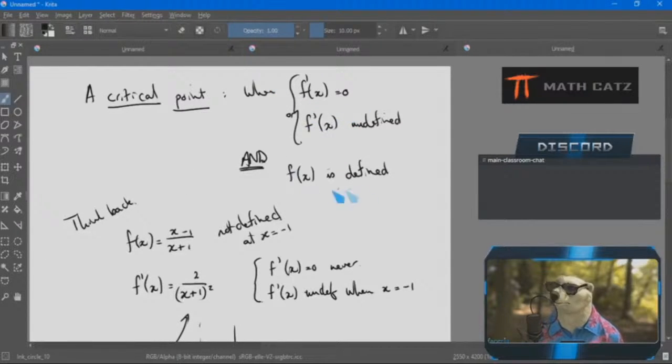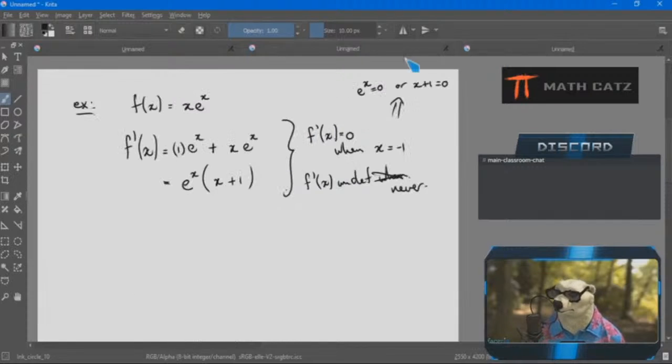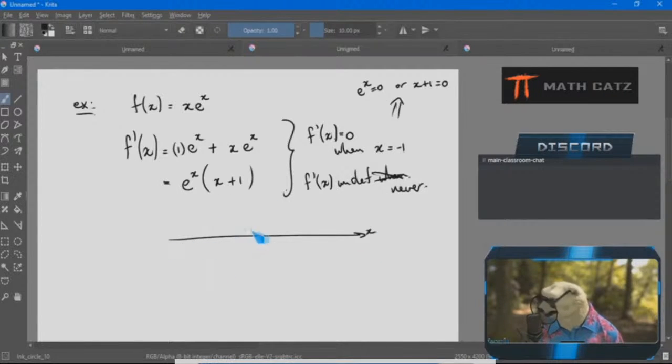I need to make sure it's actually defined there. So we can check at this stage, or I'd like to do it after actually, but it doesn't really matter. I've cleaned up my derivative. I have a potential critical point. I'll check the function later when I write my sentences. I've sort of got into the habit of doing everything at the end.